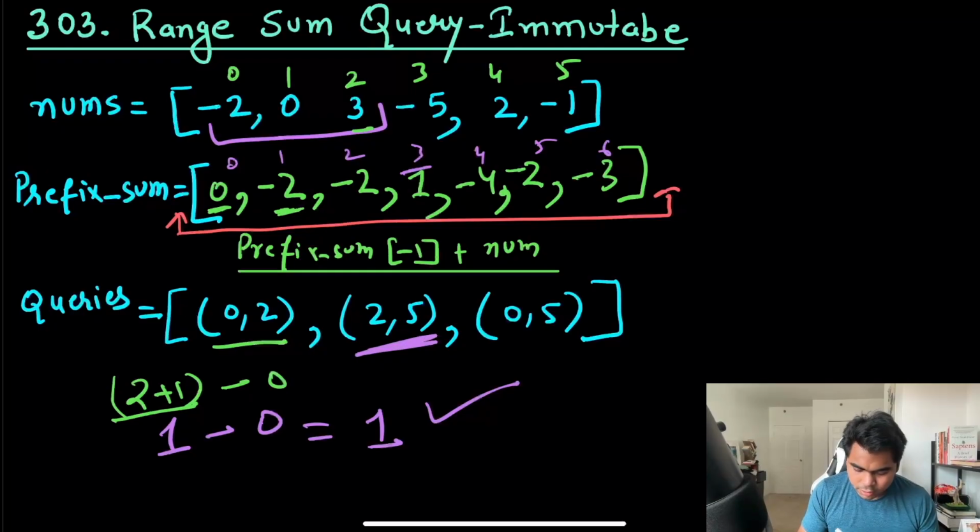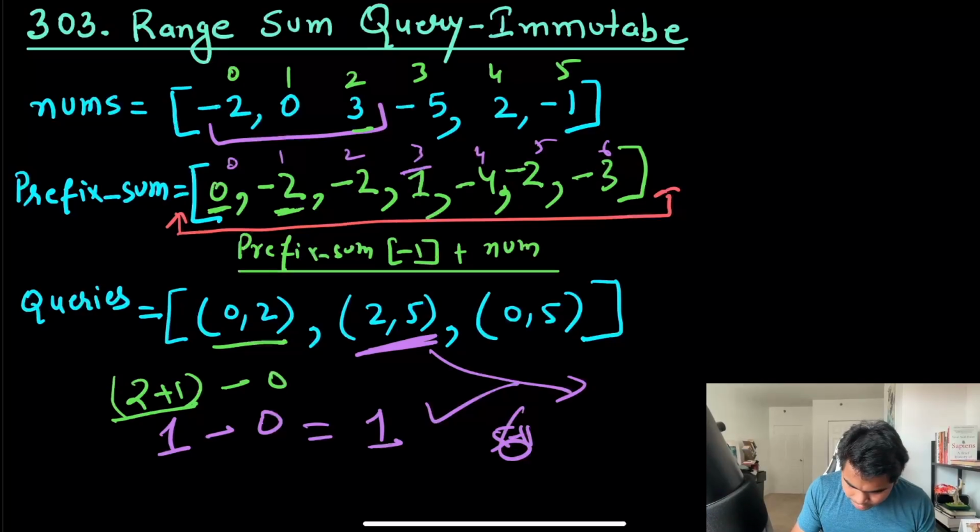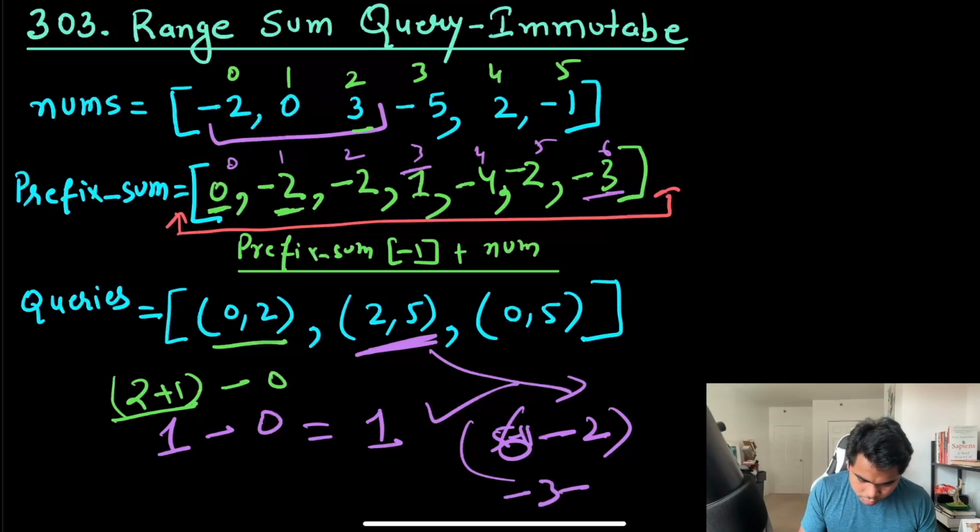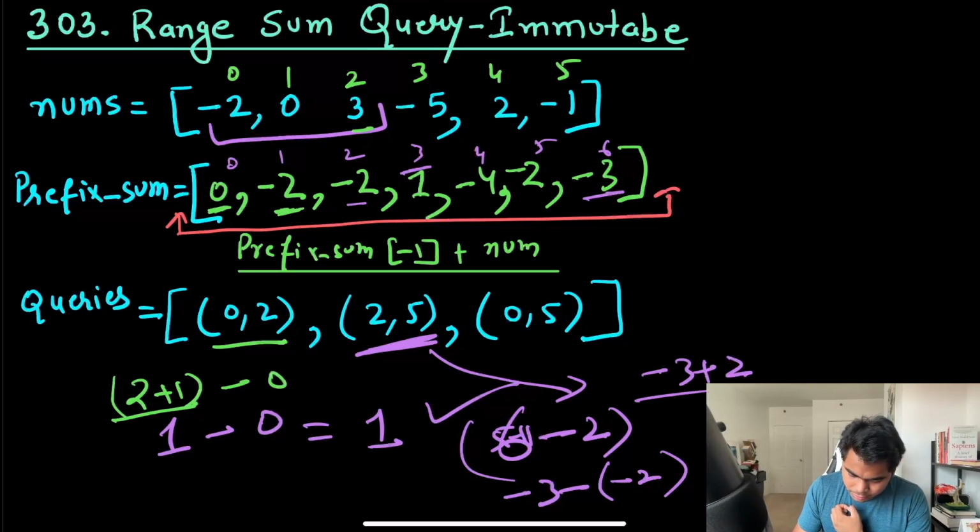We can check for this one as well, right? So this will be 5 plus 1, 6, 6 minus 2. These are the indexes. At 6 we have -3, minus the value at 2, which is -2, and that will give us -3 plus 2, which gives me -1.